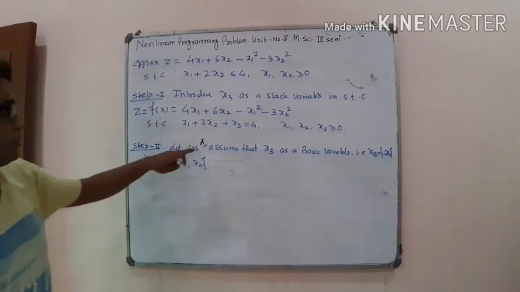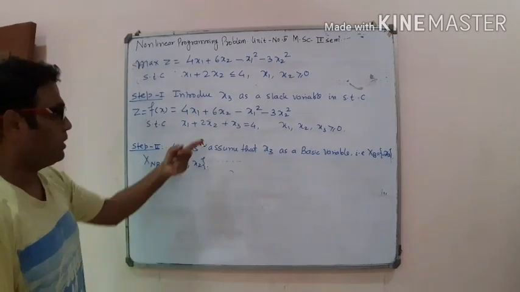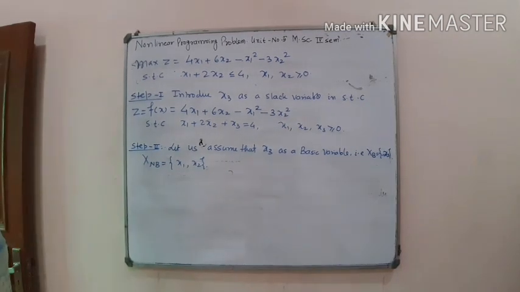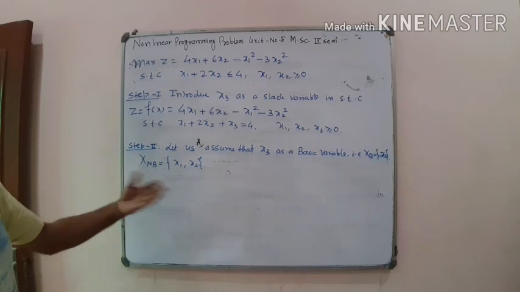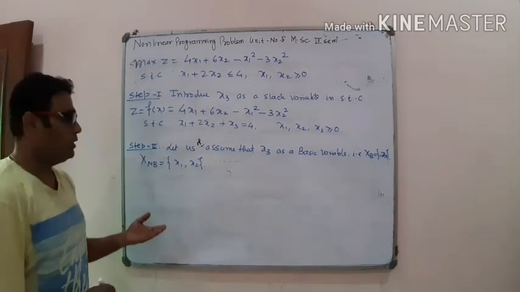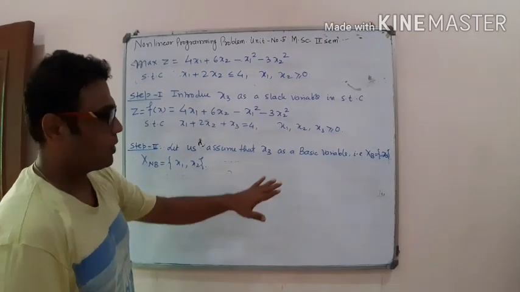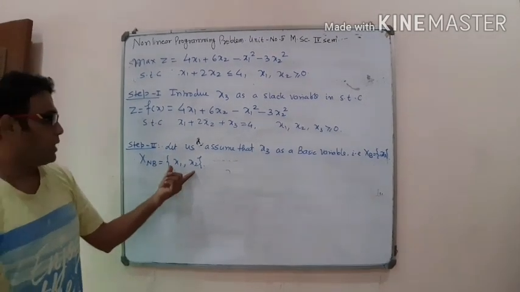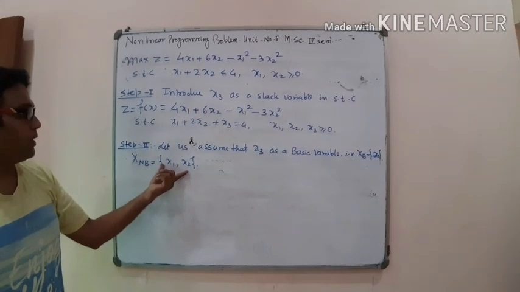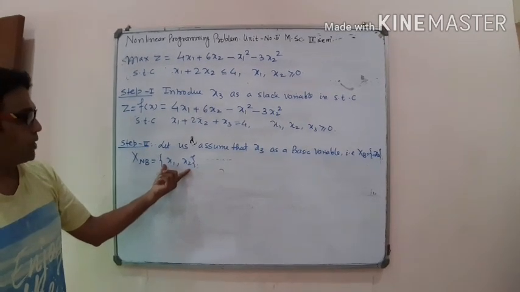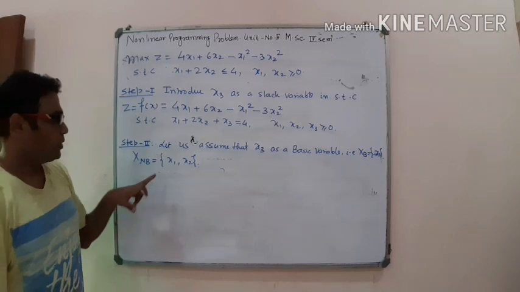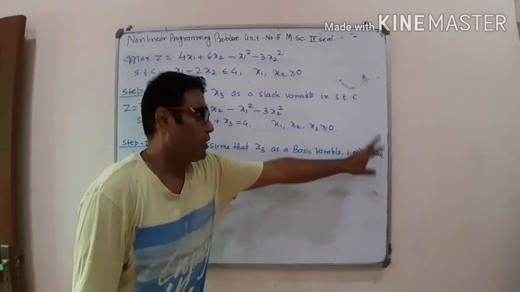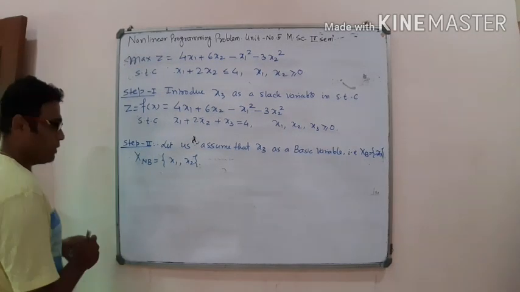Always select the slack variable as the basic variable in the initial stage, and we refine the problem in such a way that basic variables become non-basic and non-basic variables become basic, because x1 and x2 are the decision variables or key variables, and we find the solution in terms of x1 and x2. So in the initial stage we consider all the slack variables as basic variables.